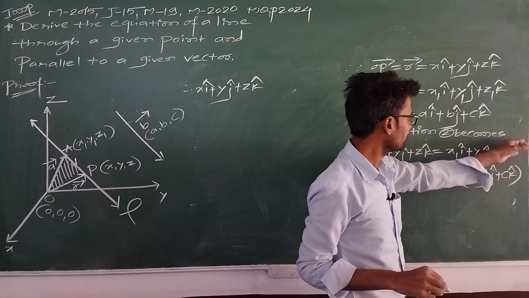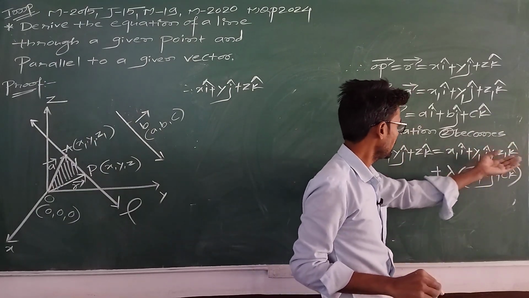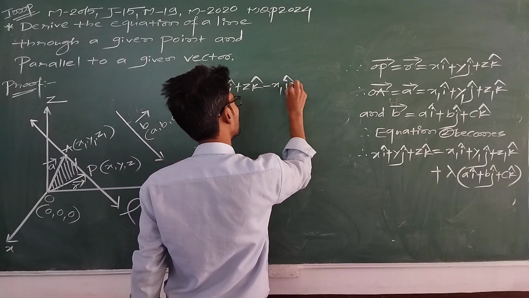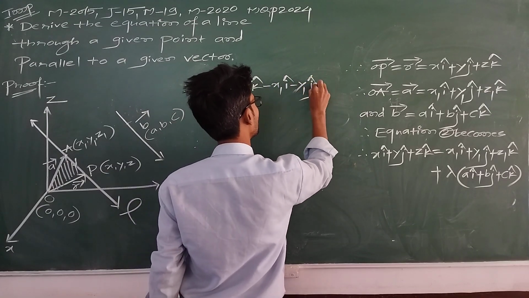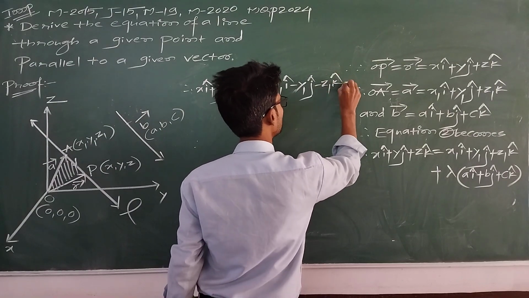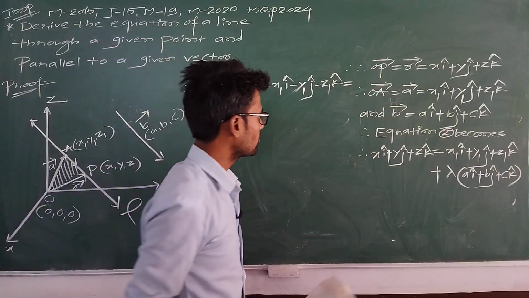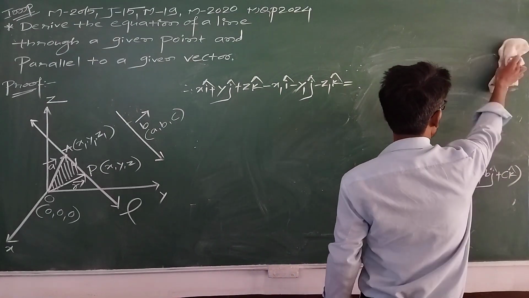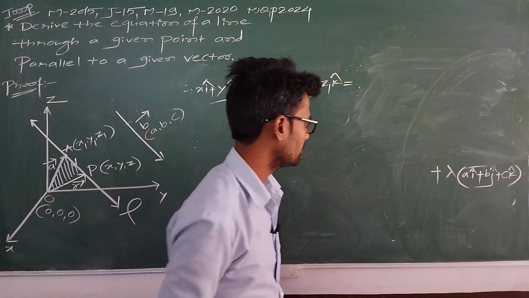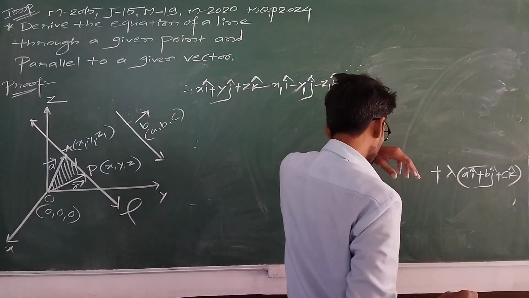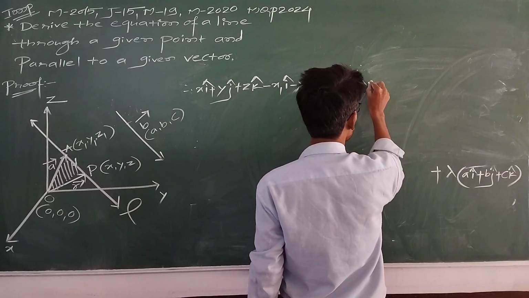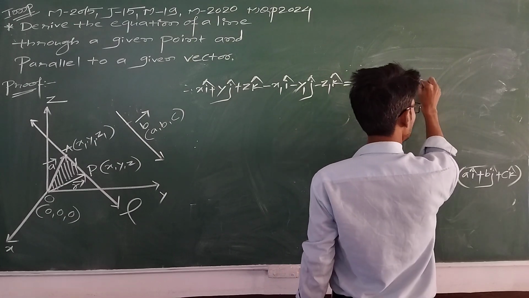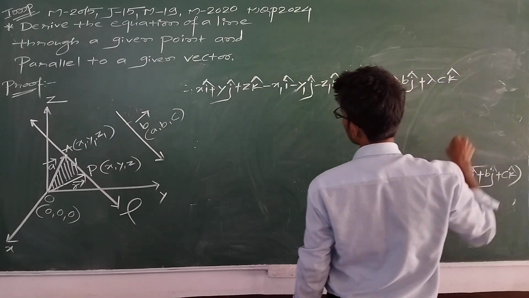Now we take all these points to this side, so it becomes minus x1 i cap minus y1 j cap minus z1 k cap, and you multiply all these components by lambda, so you get lambda ai cap plus lambda bj cap plus lambda ck cap.